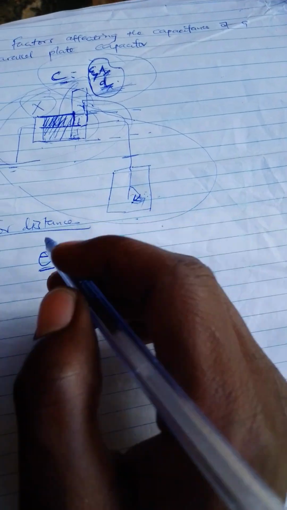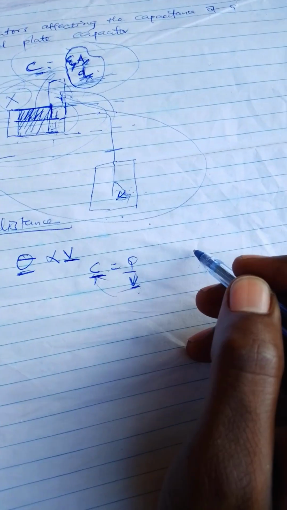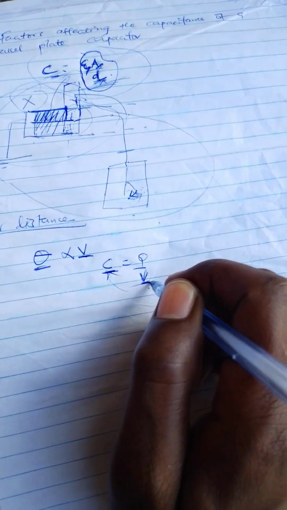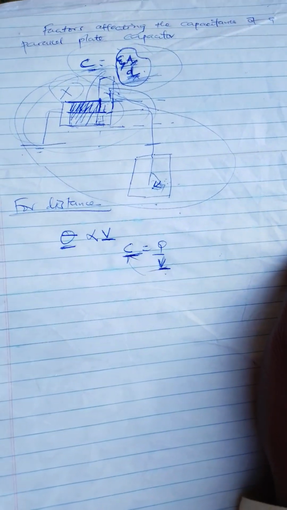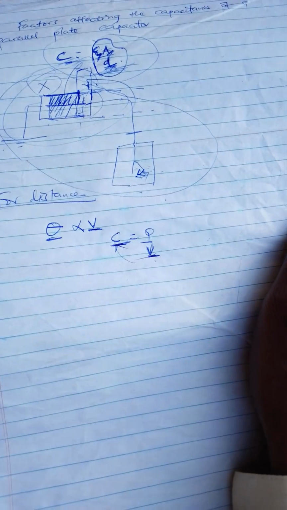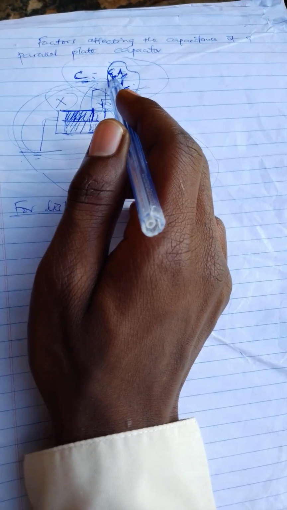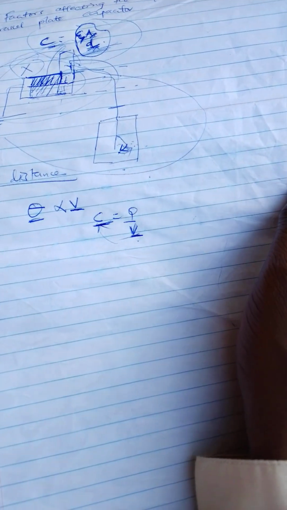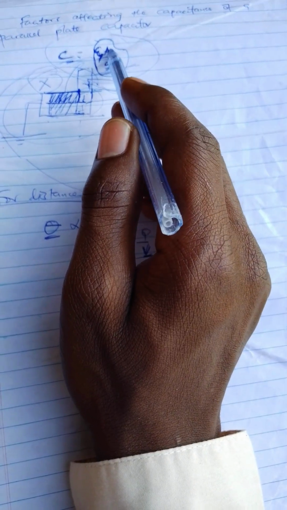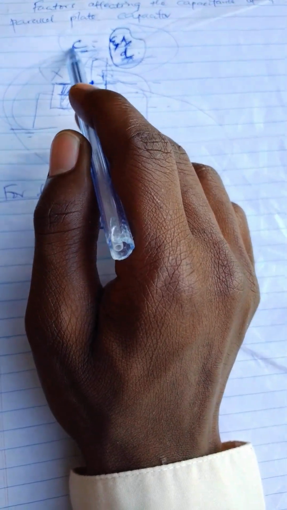When the divergence decreases, it means that the PD decreases. When the PD decreases, it means that the C increases. And that is all. So when C increases, it means that literally the permittivity increases. And that is why capacitance is directly proportional to permittivity, and C is inversely proportional to d.